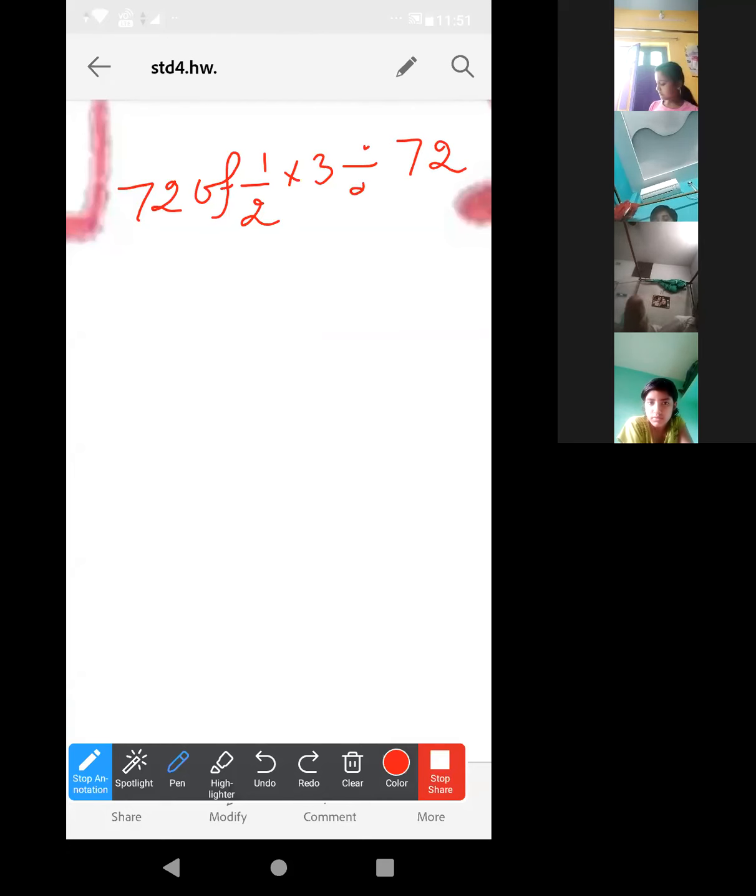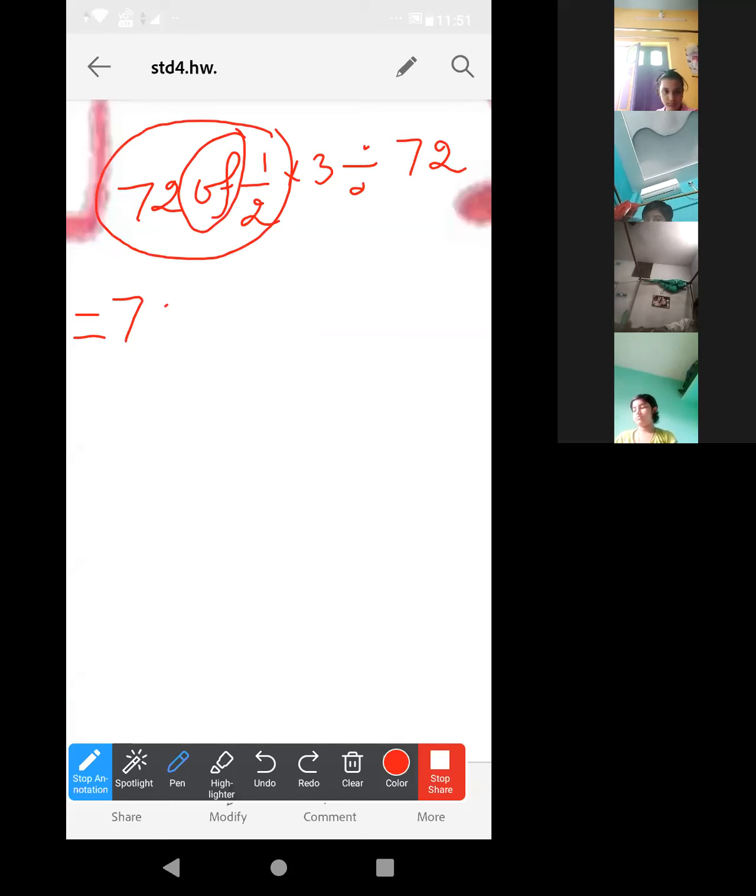Okay, not understood. Look, what is the basic property rule of "of" into? We have to calculate this one first. So 72 into 1 by 2.